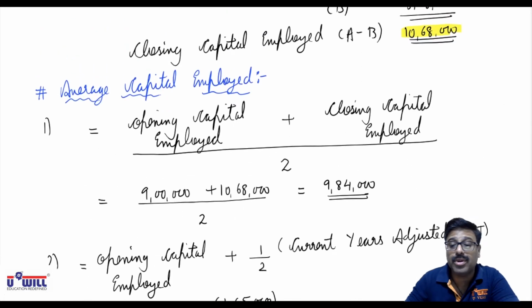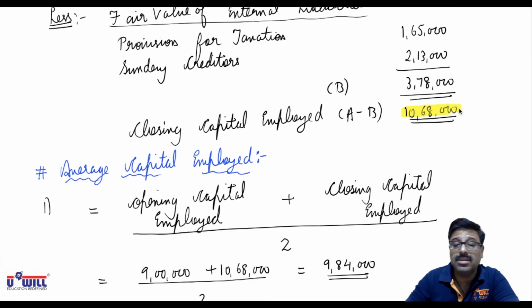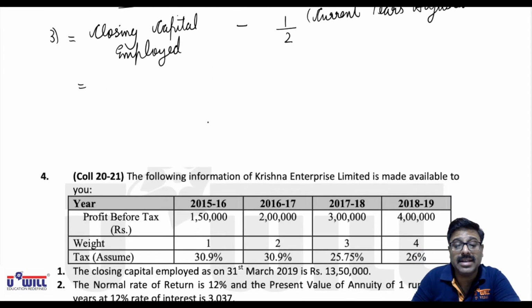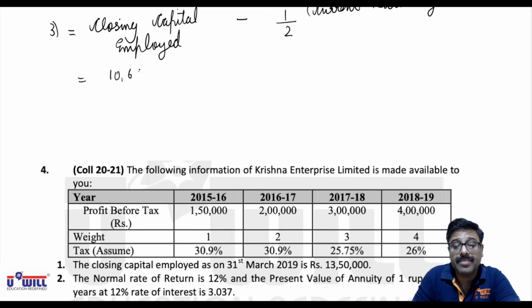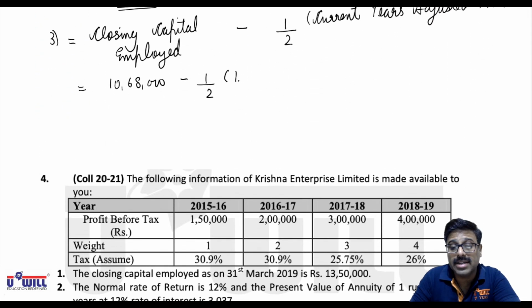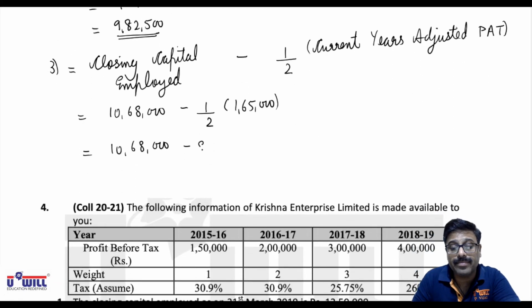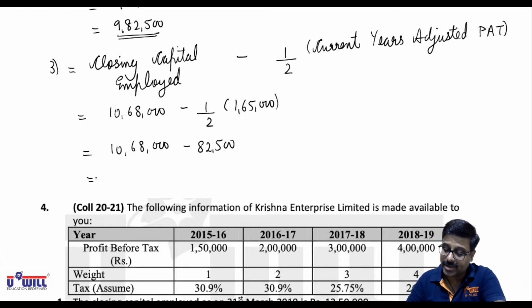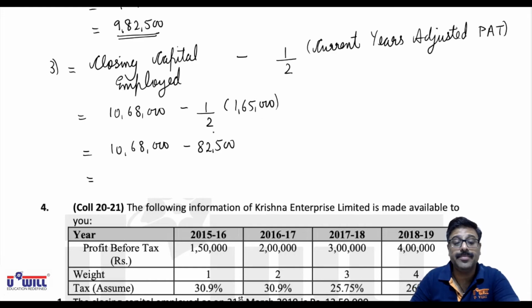Now closing capital employed we obtained as 10,68,000. So 10,68,000 minus half of current year's adjusted profit after tax, which is 1,65,000 as we did in the previous method also. Half of 1,65,000 is 82,500. So 10,68,000 minus 82,500 comes to 9,85,500.